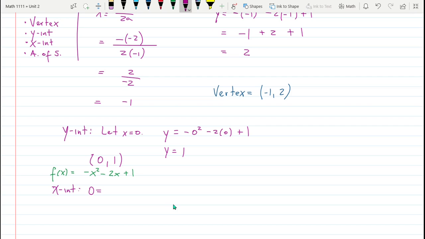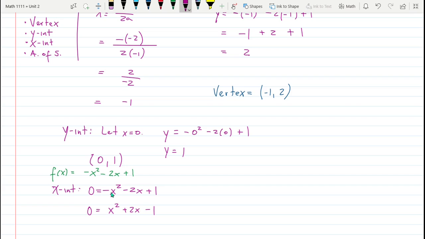So 0 equals negative x squared minus 2x plus 1. And I'm going to multiply both sides by negative 1 because I don't want that negative in the front. It's going to be harder for me to do factoring, if you will. So this is the same thing as 0 equals x squared plus 2x minus 1. Multiply both sides by negative 1, and that's how we did it.